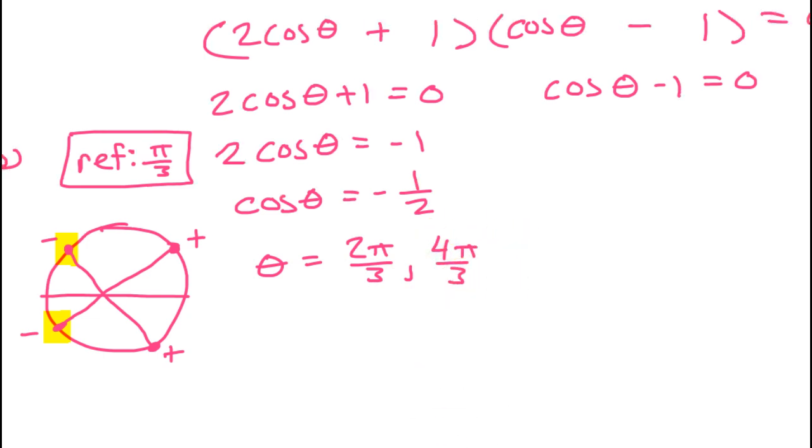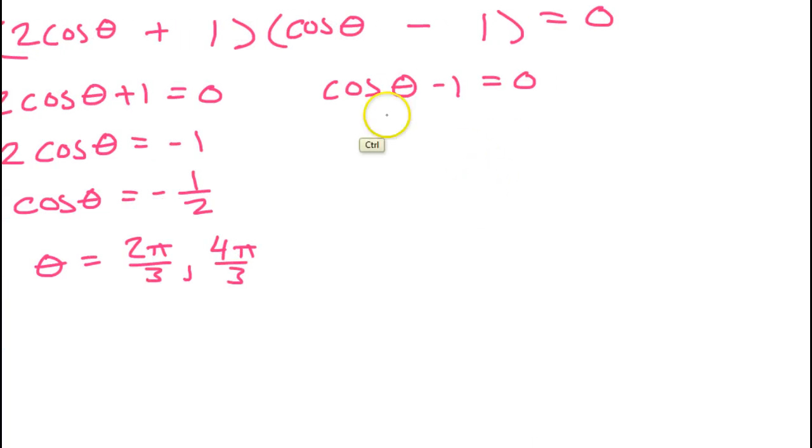Now, what about this other equation, cosine minus 1 equals 0? Adding 1 to both sides, we get cosine theta is equal to 1. So this is going to be a quadrantal angle. I can tell it's not on the chart.